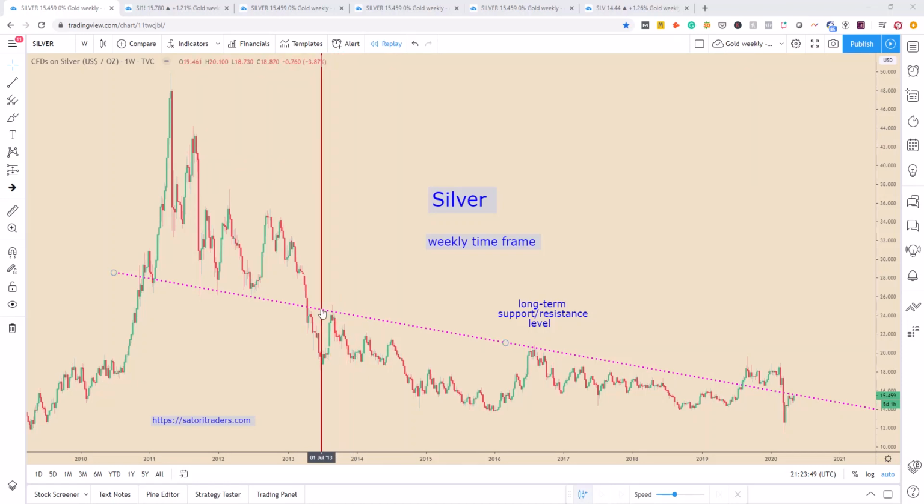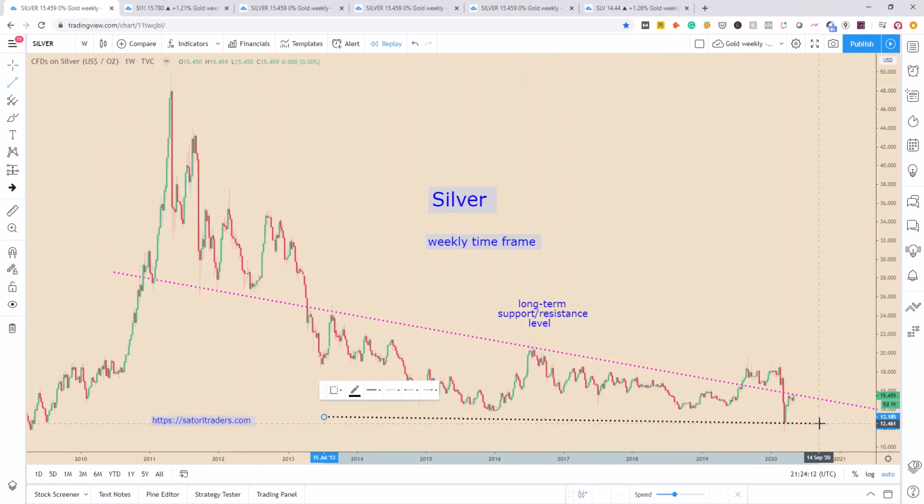And that's exactly what we're seeing here in August of 13. Silver came back up to the long-term support resistance line, tested it from below, found resistance, and then petered off down to the floor.